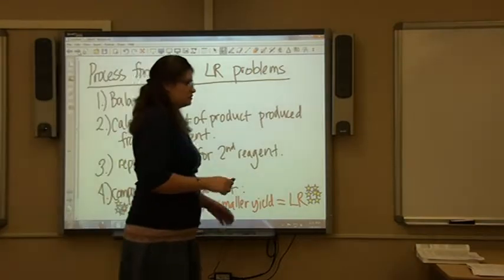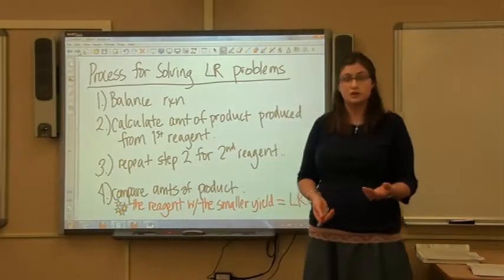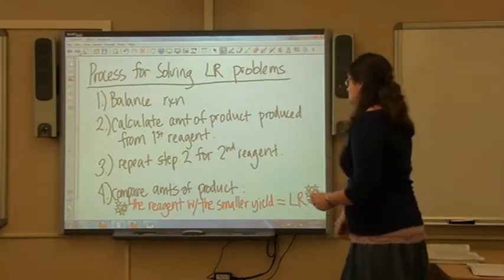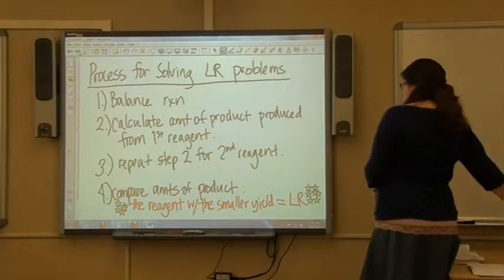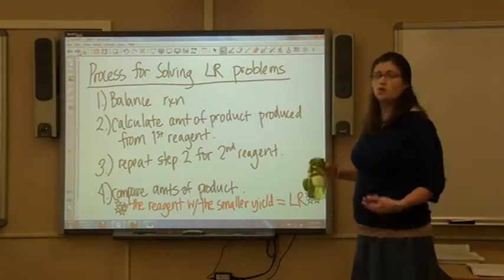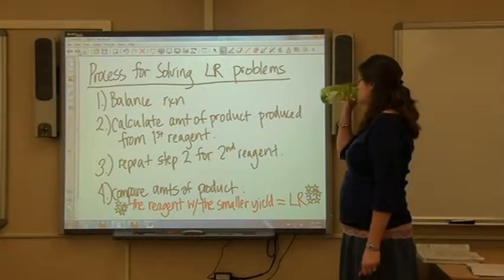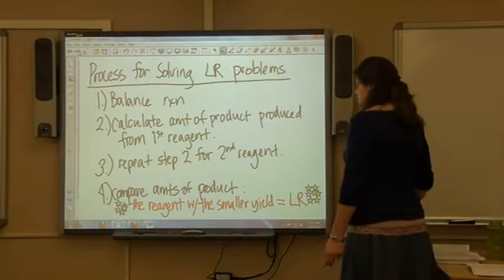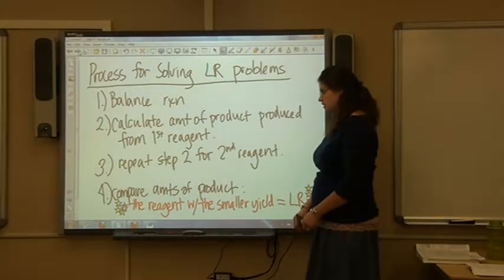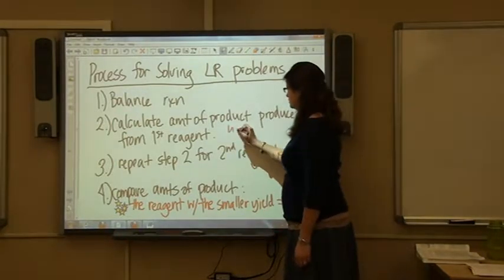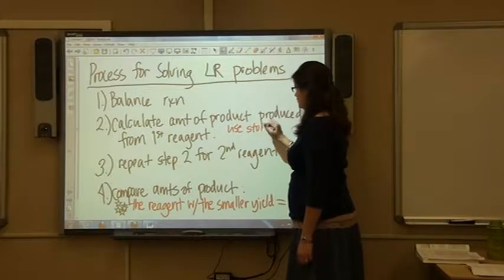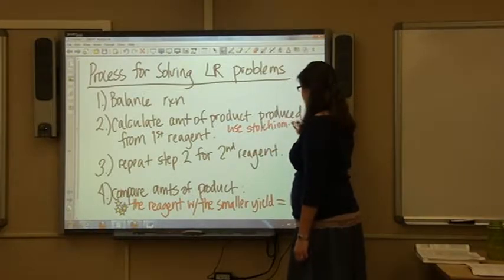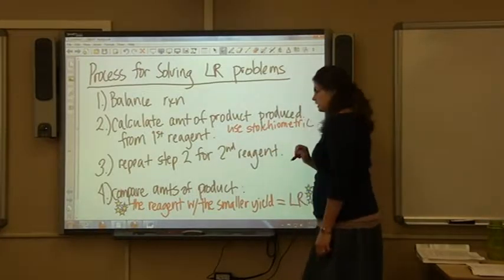Okay, so let's talk about the actual process when you're using real chemical reactions. The first thing that you're always going to need to do is make sure that your reaction is balanced, or to go ahead and balance that reaction. Your second step is to calculate the amount of product produced from your first reagent. Here's where you're going to use that stoichiometry path that we talked about in lecture 2.1.